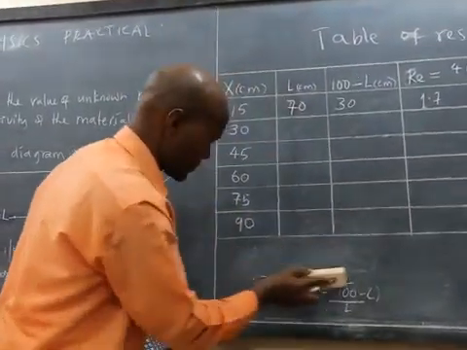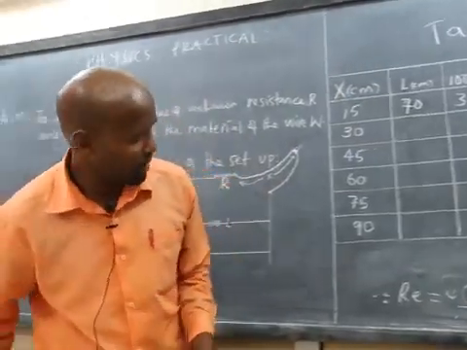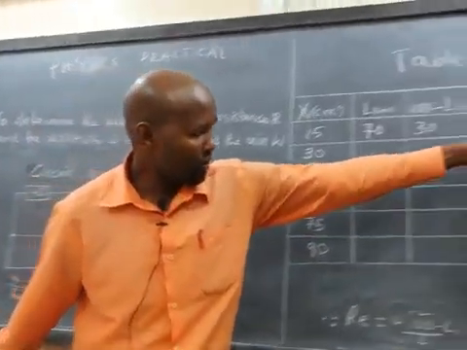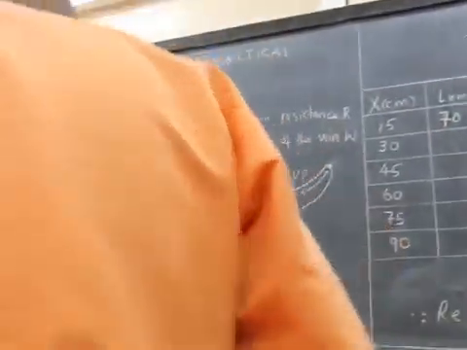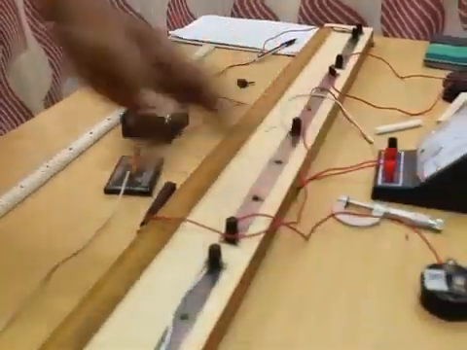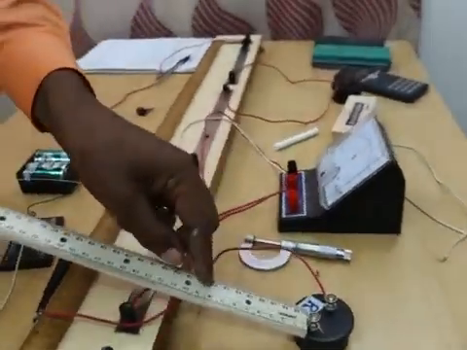So this formula will be constant for each value of this equivalent resistor. Okay, now let us move to the next experiment, that is when length now is 30. When length becomes 30, we measure 30 using a meter rule.